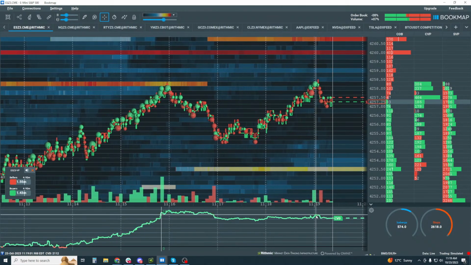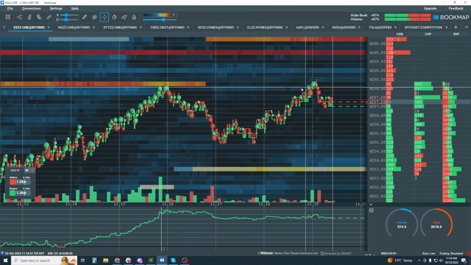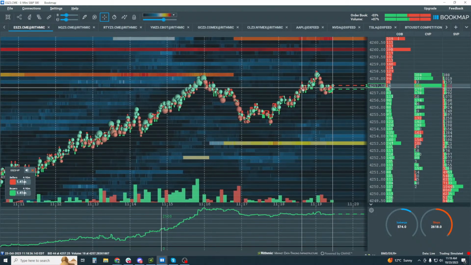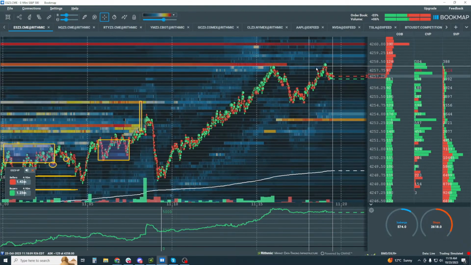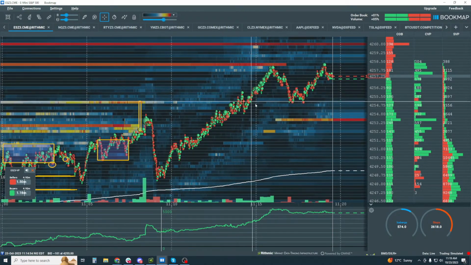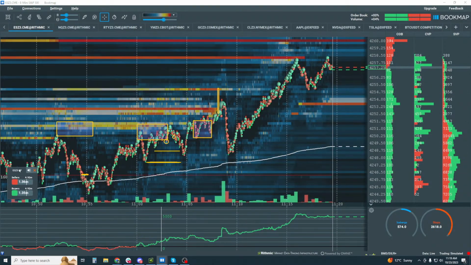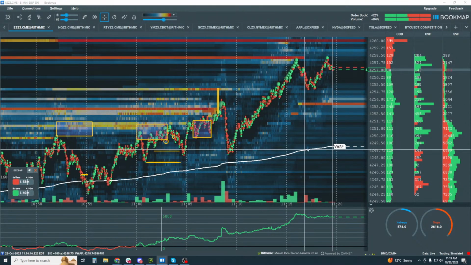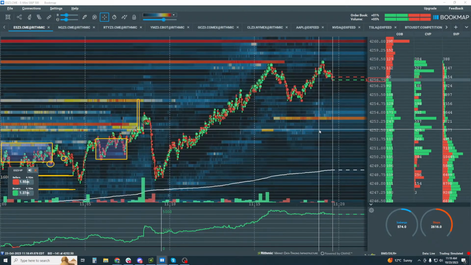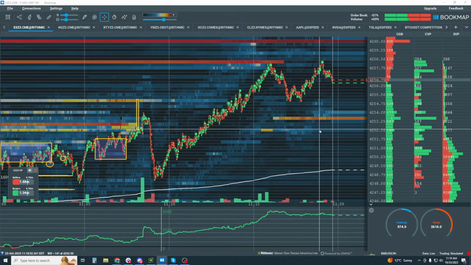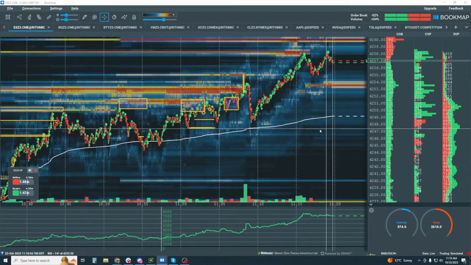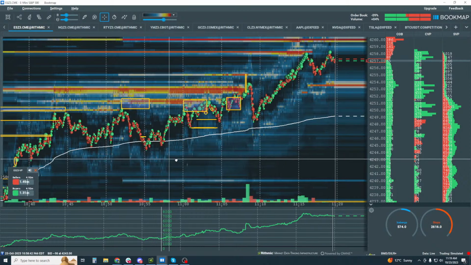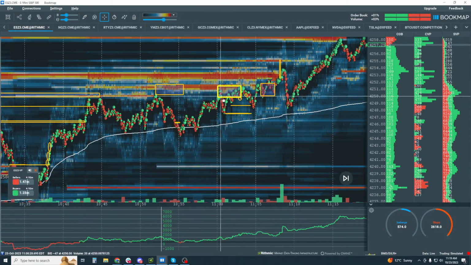Okay, again, we do have some divergence in here. It's not much. One of the things you can note about the cumulative volume delta, as well as using this market pulse, is understanding the relationship within the trend. If you're in an uptrend in cumulative volume delta, you're not necessarily looking for a divergence up in here.